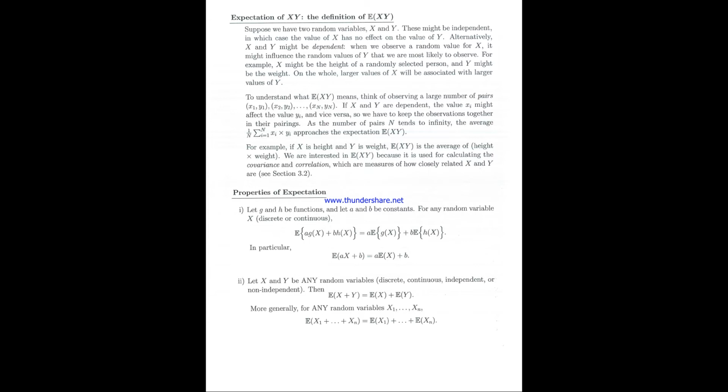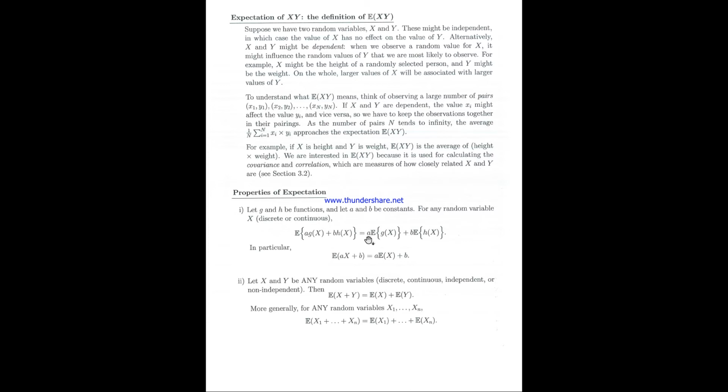So if you talk about the properties of this expectation, let's say g and h are two functions of the random variable x, where x can be discrete or continuous. In that case, if you take the expectation of a times g(x) plus b times h(x), when you have constants, you can take the constants out.